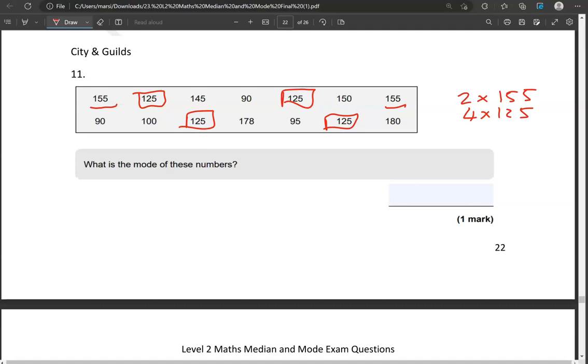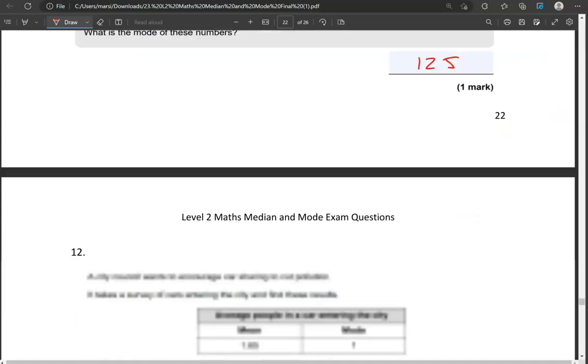There is only 190, no, it's 2 of them. 150, we have only one, and there is only one 100, and the same with the other numbers. So the winner is 125, because there are 4 of them.